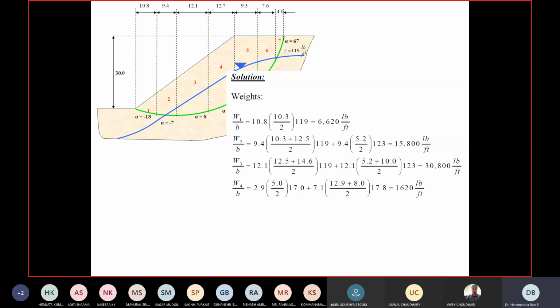The density of the soil above the groundwater table is different from below. Therefore, two different components have been taken. The first part has been multiplied with 119, that is the density of the soil above the groundwater table. The second part was multiplied with 123, that is the density of the soil below the groundwater table.